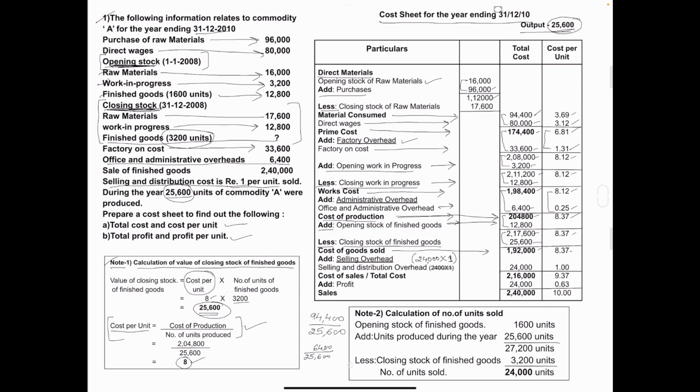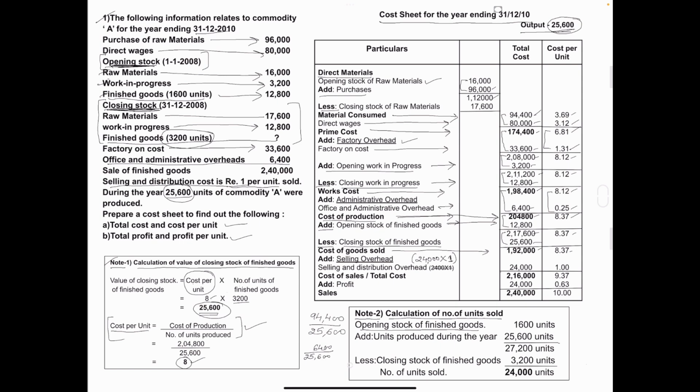For that we have to prepare note number 2, that is calculation of number of units sold. In that, first we have to take opening stock of finished goods, in quantity. We are finding how many units they have sold.